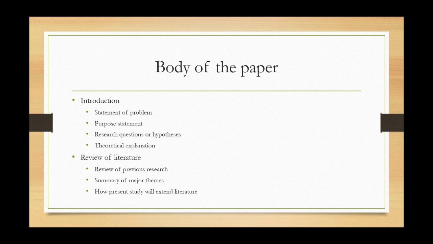Then you present how your study will extend the literature. So in writing a literature review, after you have reported the previous research and summarized the major themes, in the end you say how your study will extend those other literatures.